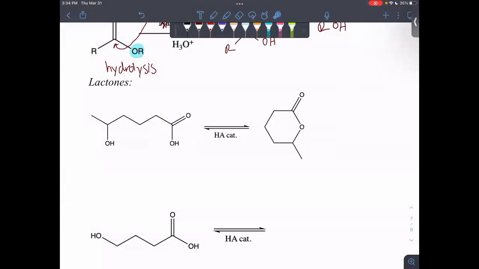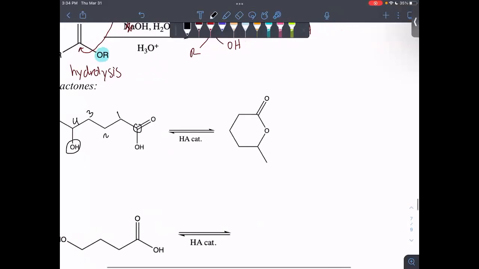And for lactone formation, you also need an appropriate number of carbons in between. We have 4 carbons here, and then counting these two, it's going to be a total 6-membered ring, which is very favorable.